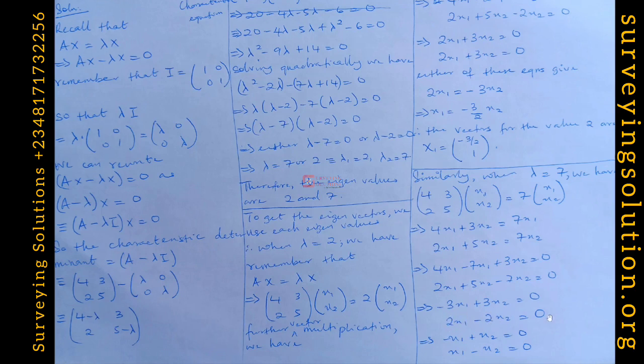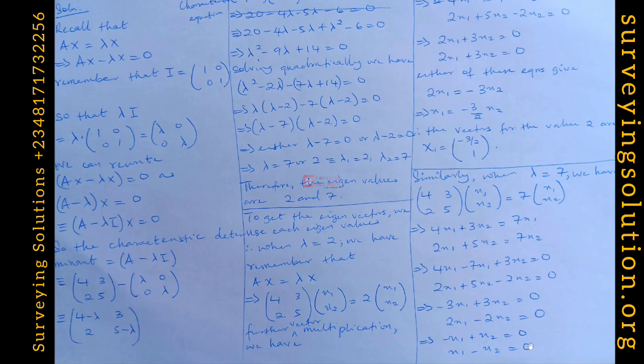So if we divide through by 3 in the first line, we just have minus x1 plus x2 equal to 0, because 0 over 3 will definitely give you 0, right? Good. Similarly, if we do that with 2 on the second line, we have x1 minus x2 all equal to 0. So all of this has been further simplified to minus x1 plus x2 equal to 0, and then x1 minus x2 equal to 0, right?